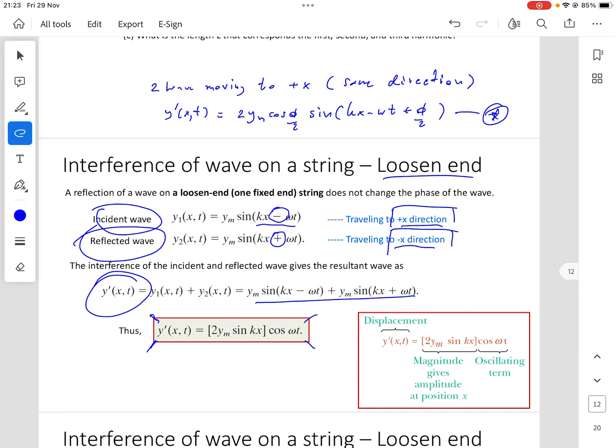So what is different? The first thing is that you see kx and omega t are split into different functions. You have one sine and one cosine; they're not together. What does that mean?